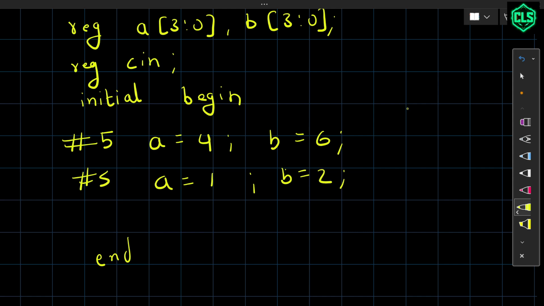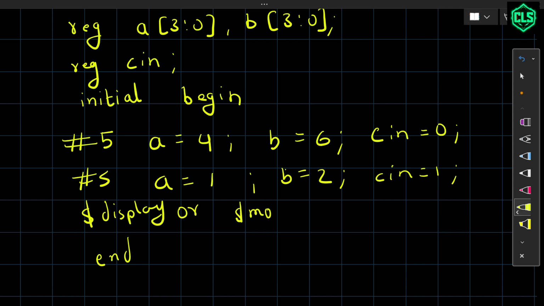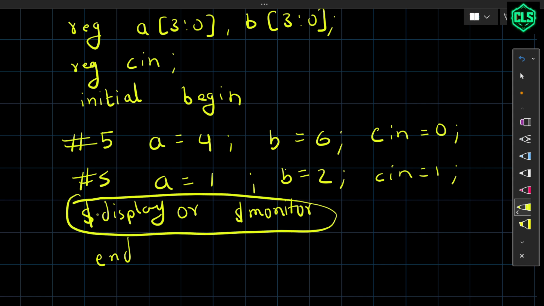And again, one thing I have missed, which is C in equal to 0 and equal to 1, and you can write $display or $monitor. Similar syntax. You can use these two things to see the input or output and end module.